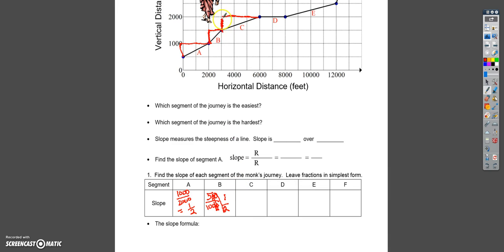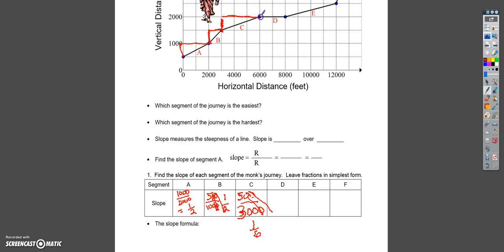So rise 500, run 1, 2, 3,000. That would be 500 over 3,000, which would reduce to 1/6.